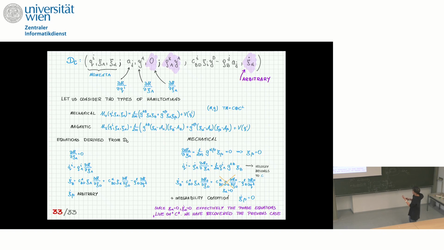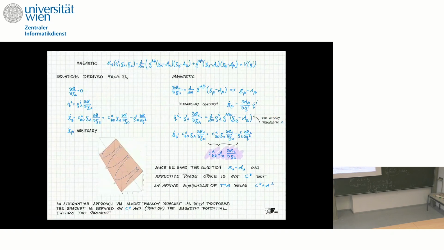And nothing additional happens, and it is okay, because we knew that those previous equations were correct, so we should get the same using this structure, and we get the same.